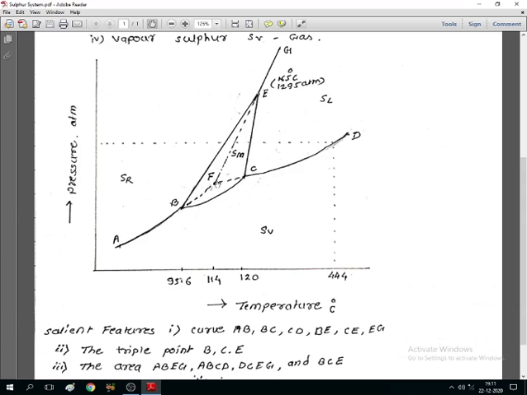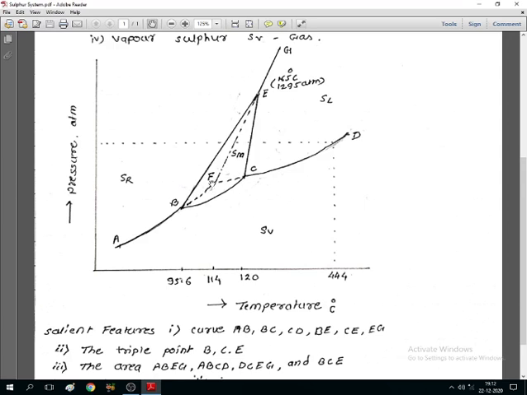Along this BF curve, the metastable rhombic sulfur and vapor sulfur are in equilibrium. It is the sublimation curve for the rhombic sulfur. It shows the effect of vapor pressure on the temperature, or it shows variation of vapor pressure with temperature. The system is monovariant.